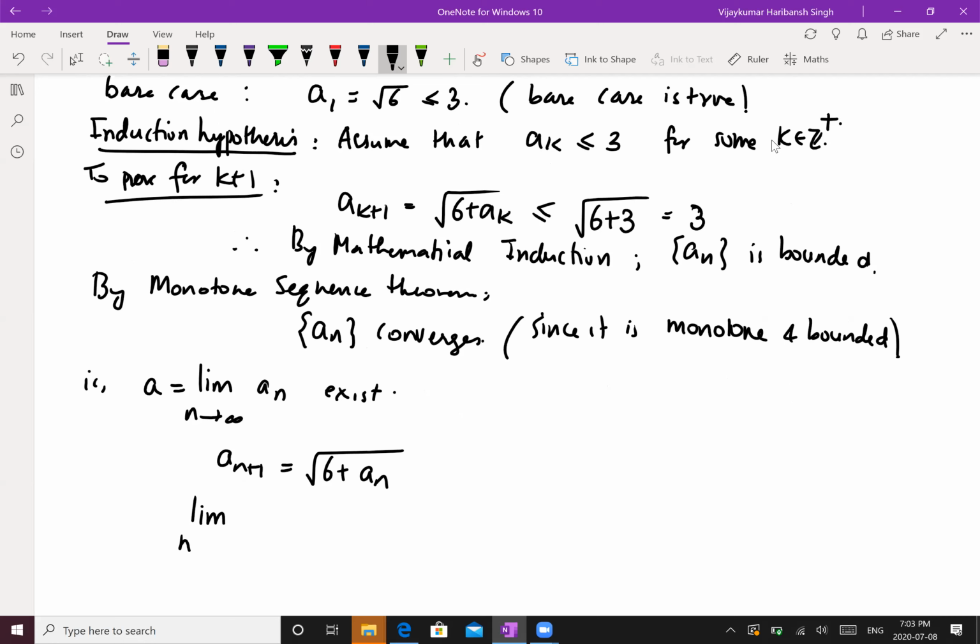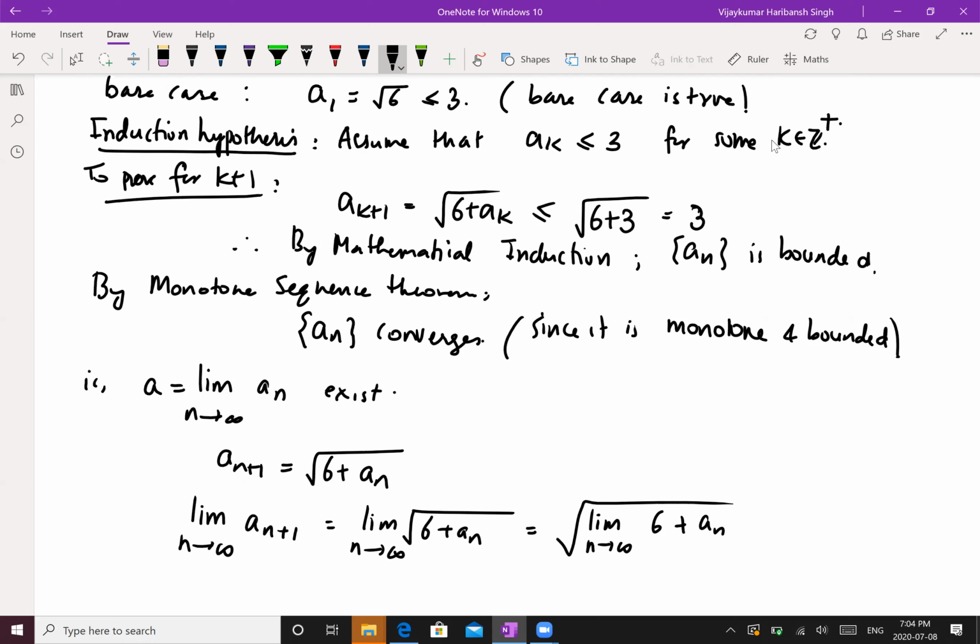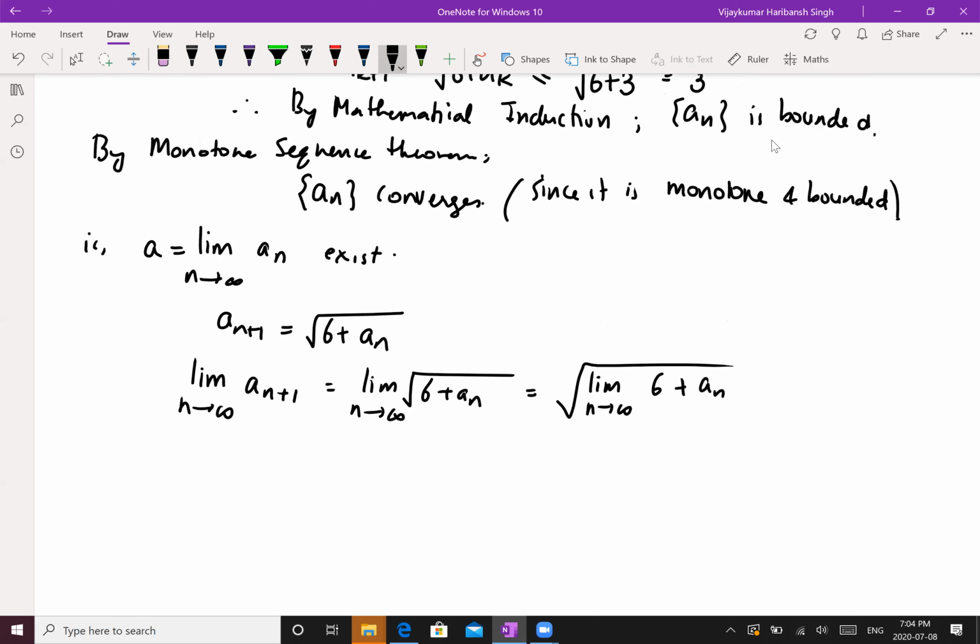The limit as n goes to infinity of a_{n+1} is equal to the limit as n goes to infinity of the square root of 6 plus a_n. This limit is going to be a, and we get a equals the square root of 6 plus a.